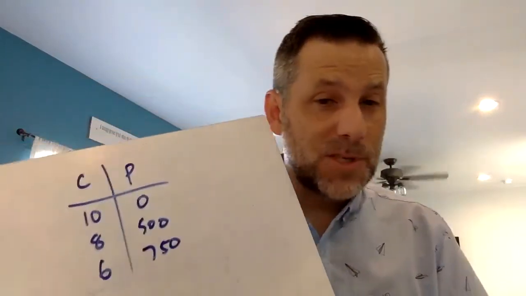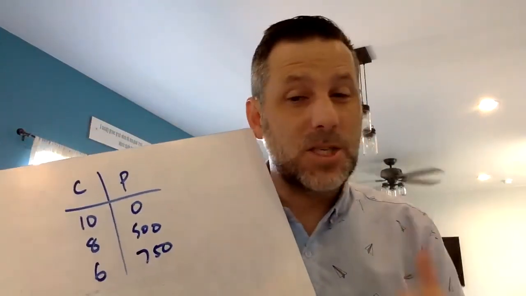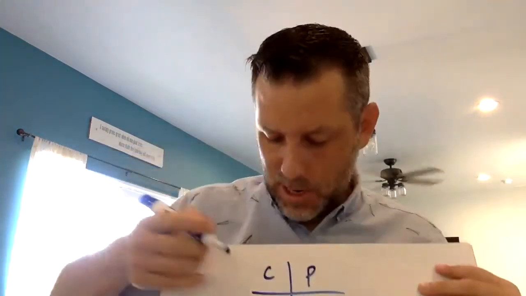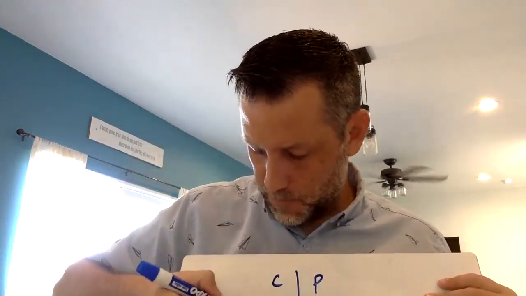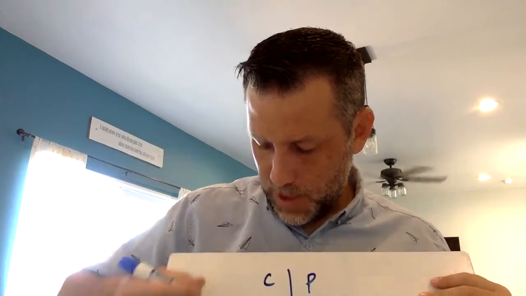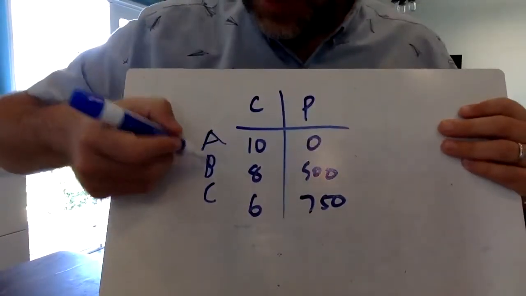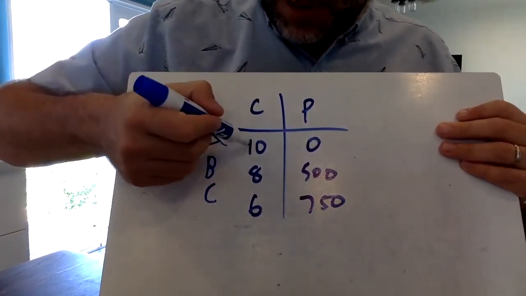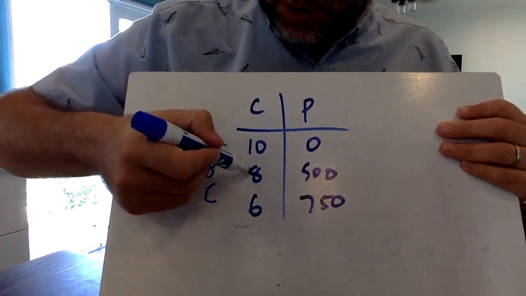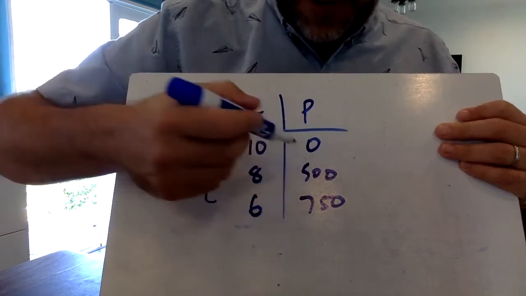If I want to know my opportunity cost per unit, again, it's just what you give up for what you gain. So as I go from A to B, I'm losing 2 cars to get 500 pizzas.